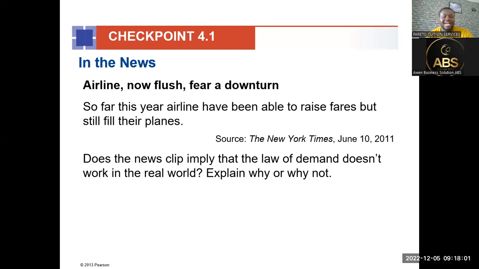So if the airline companies are raising their fares, then they were supposed to have empty seats, but that isn't happening. They are still able to get all their seats filled. So does it mean that the law of demand doesn't work in the real world? Explain why or why not. What do you think?